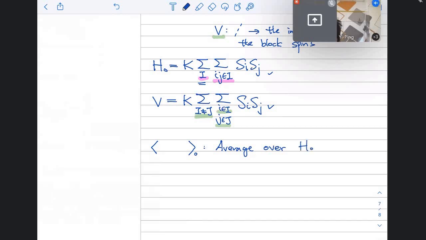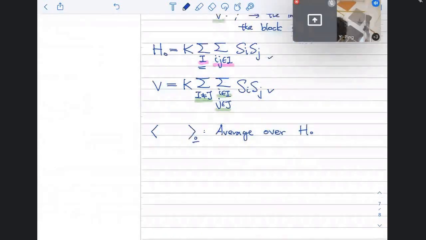Okay, so this angle bracket with the subscript 0 is basically the notation for average over H0. So suppose we have an operator that depends on the block spin S_I, okay?